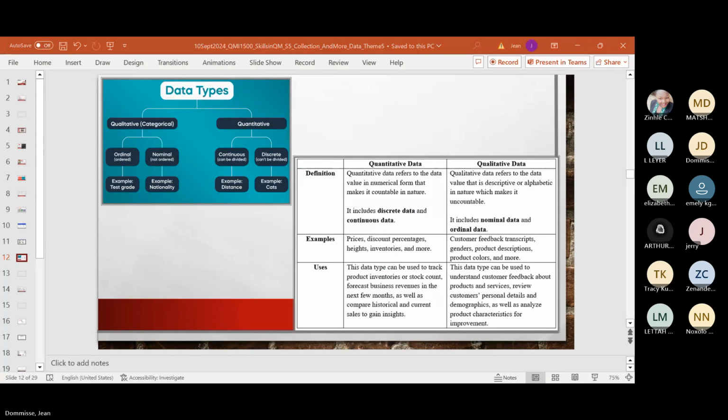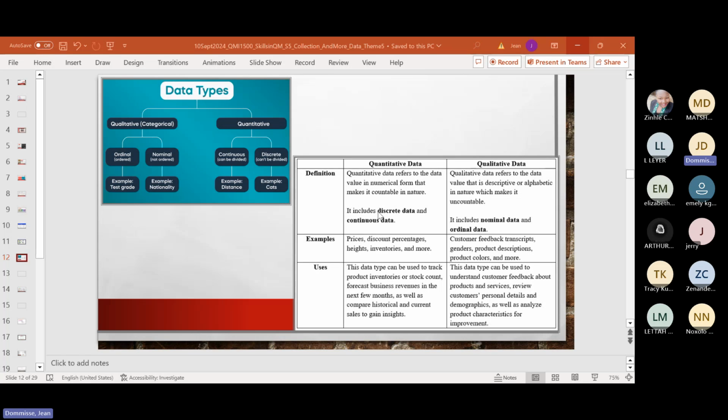Then after sampling, what we go into is data types. In data types, what we have is qualitative and quantitative.